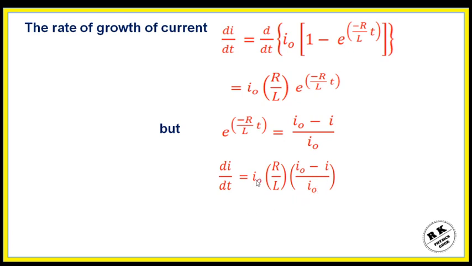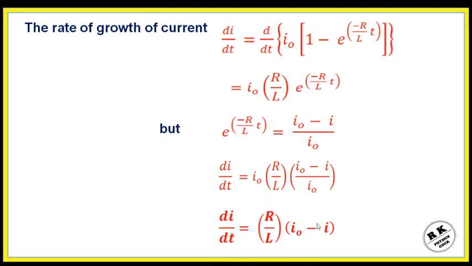Now here I naught and I naught will get cancelled, and after rearranging the terms, we get the equation as dI by dt is equal to R by L times I naught minus I. This equation represents a rate of growth of current in LR circuit.